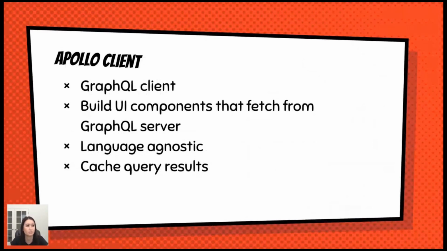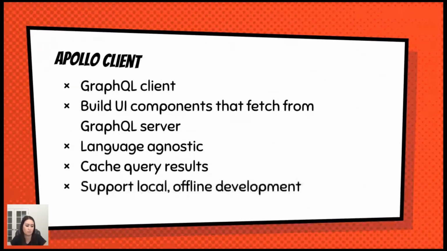So on subsequent pages, if you need that same information, you can get it from the cache rather than make that query again. So it's really good for performance. And then it supports local and offline development. So if you want to use mock data, maybe you don't have access to the internet or something like that, you can work on it in an offline experience as well.